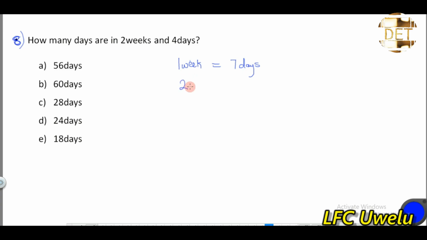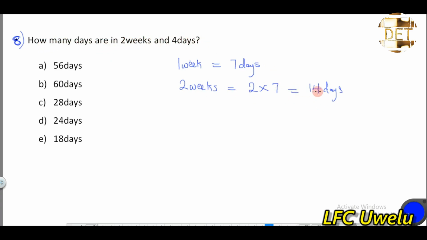So 2 weeks will be equal to 2 times 7 days, and that will be equal to 14 days. So 2 weeks is equal to 14 days, right? And then we have 4 days. So the question again is, how many days are in 2 weeks and 4 days?